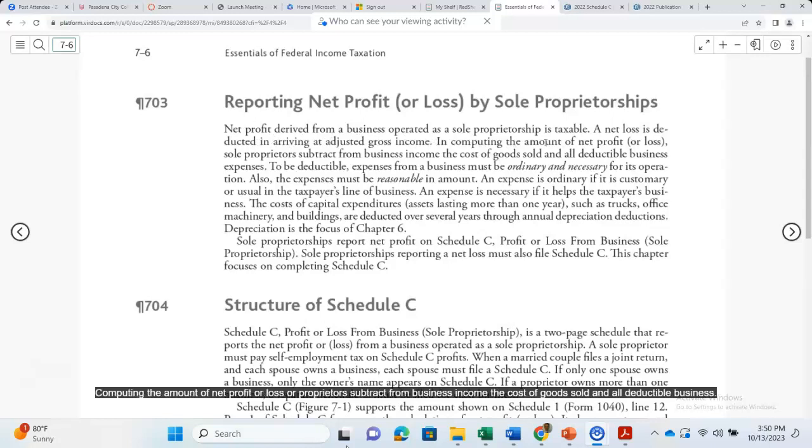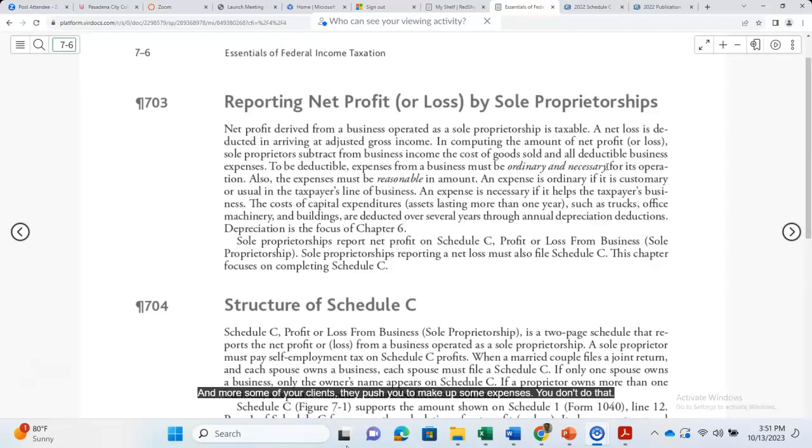In computing the amount of net profit or loss, sole proprietors subtract from business income the cost of goods sold and all deductible business operating expenses. To be deductible, expenses from a business must be ordinary and necessary. So you cannot make it up, okay?